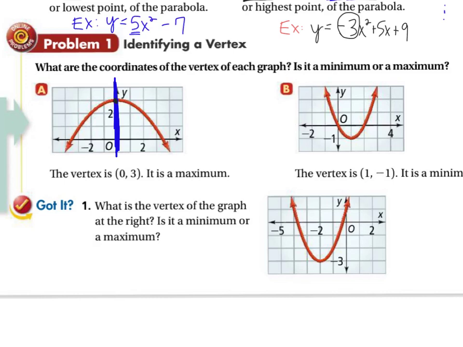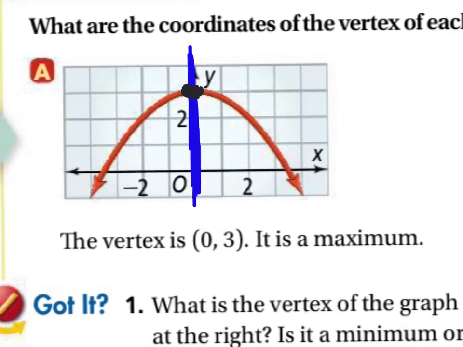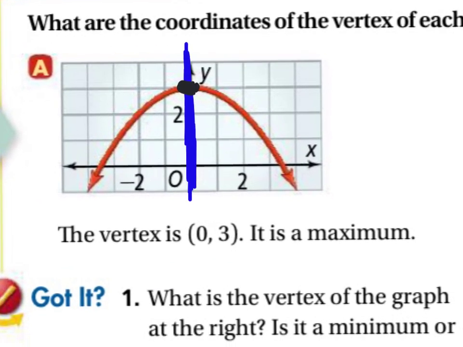So it's the point that's on the line of symmetry. So there's the point on the line of symmetry. And so that point would be 0, 3. And it's the highest point, so it's the maximum. 0, 3 is the vertex, it's the maximum.